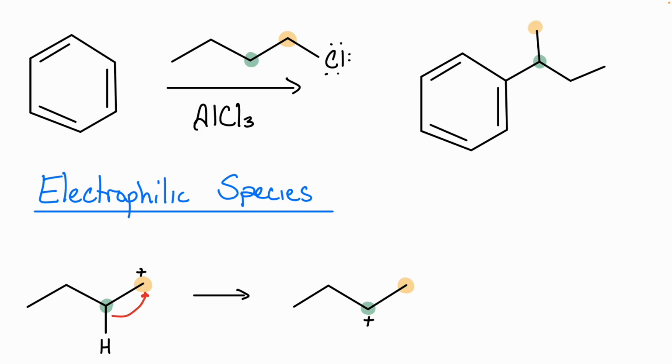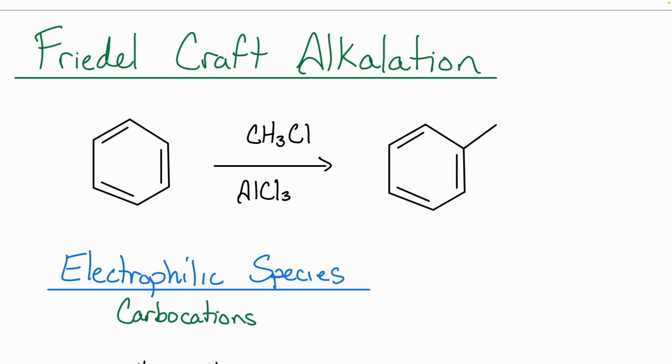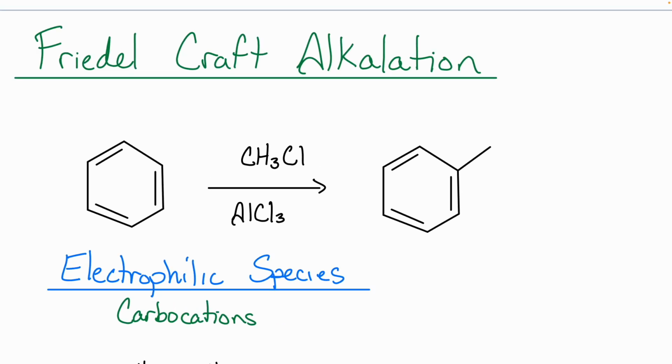So just to keep our coloring consistent. Okay, so we have this kind of problem that we got to watch out for any time that we have these carbocation intermediates. That is what's going to happen for these Friedel-Crafts alkylation reactions. So we're just going to make a note here. We got to watch out for those shifts.